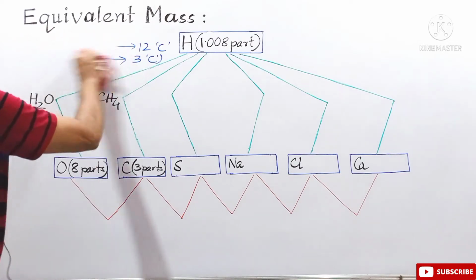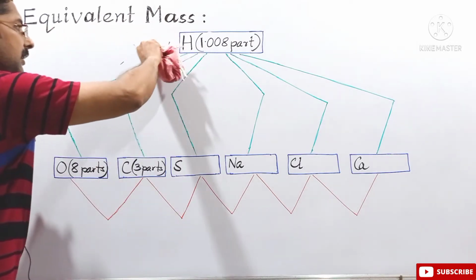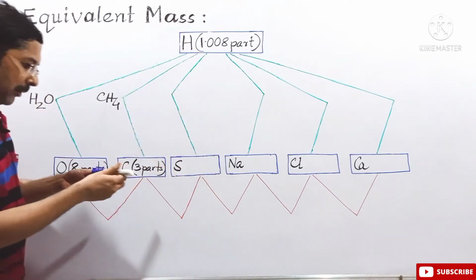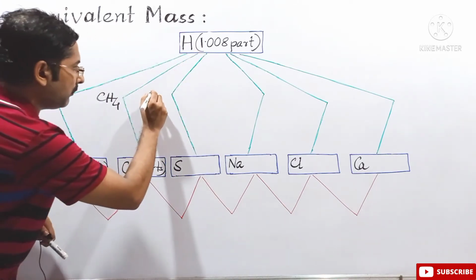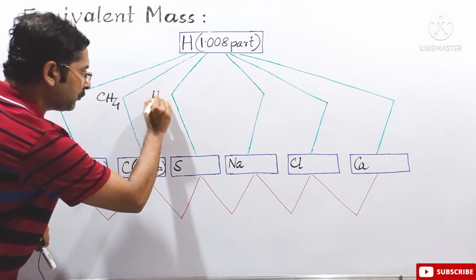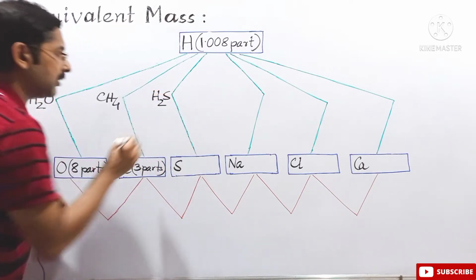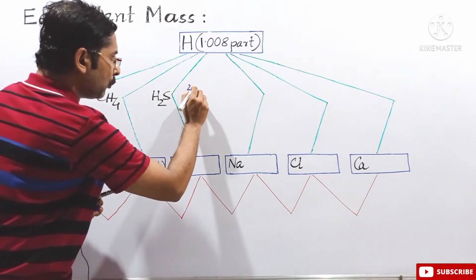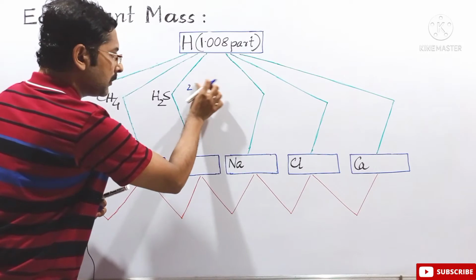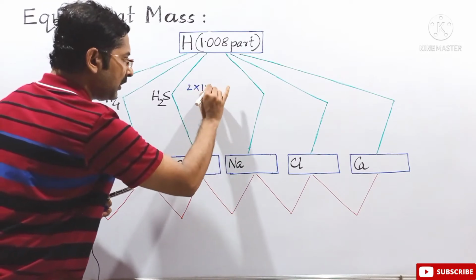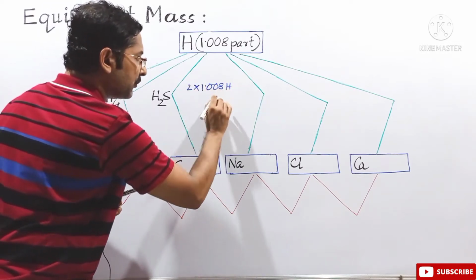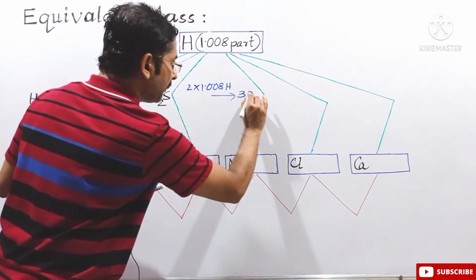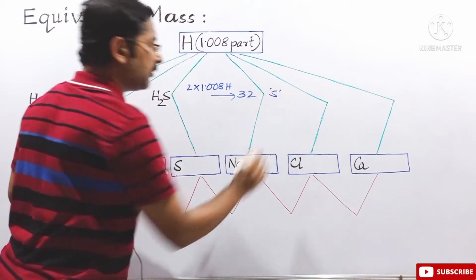Okay, going forward to the next case. When hydrogen and sulfur combine together, they form definitely hydrogen sulfide, H2S molecule. And what will happen in H2S? Of course we can write 2 into 1.008 part of hydrogen combines with, atomic mass of sulfur is 32, so this is 32 parts of sulfur, okay.